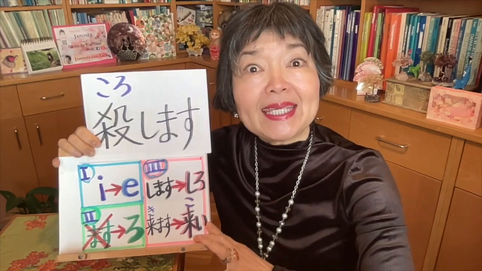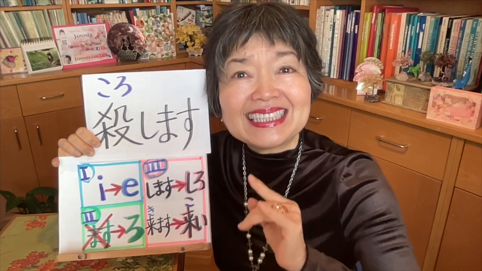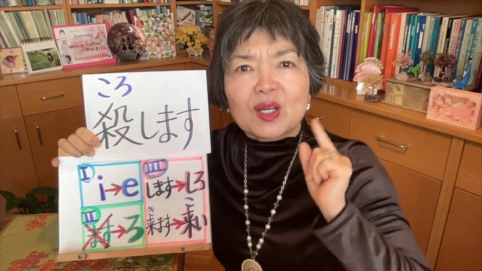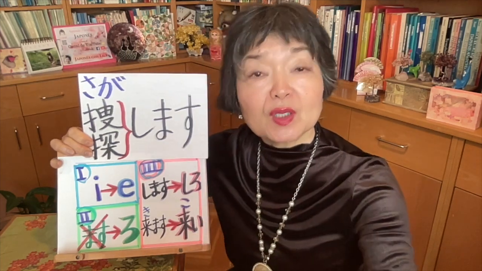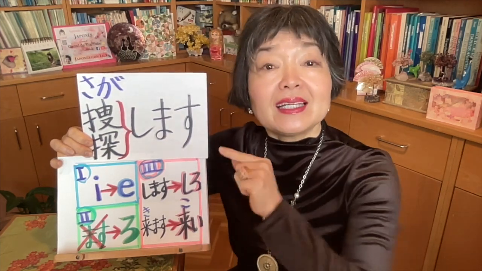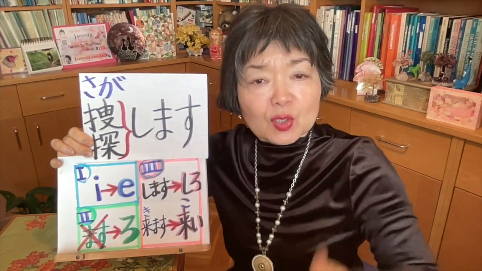The verb to kill, 殺します. So this is in the scene in the movie. 殺せ, kill him. The verb to look for, to search for, 探します. In this case, 探せ, look for it.